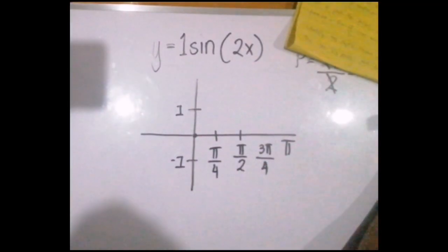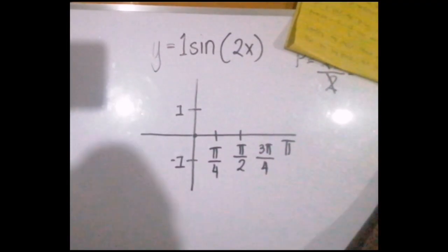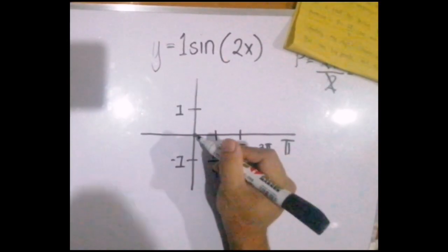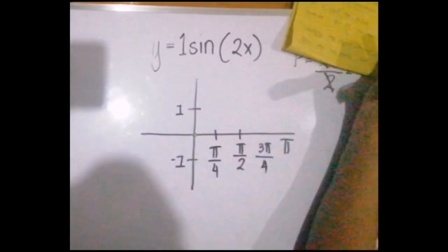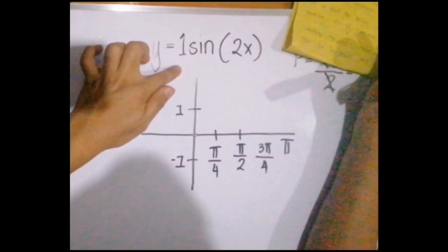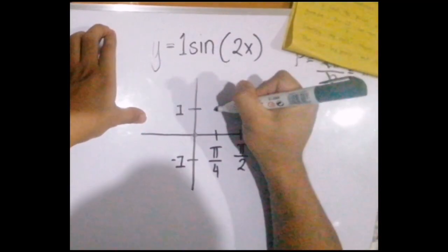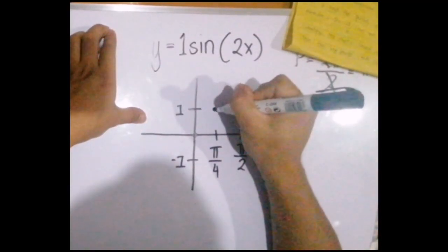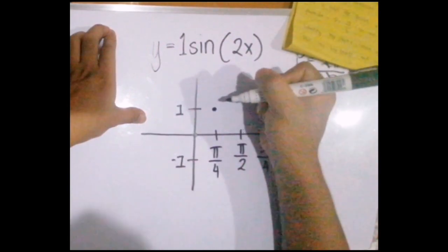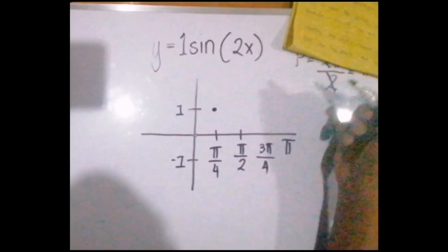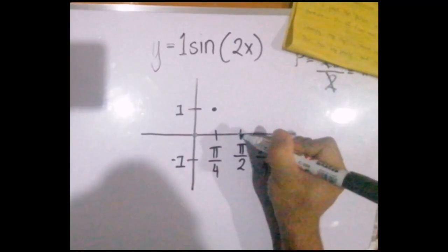So let's plot the key points. The first point is here. Since our phase shift is 0, we're going to start here. Since our amplitude is positive, we are going up. So our next point is here, and our next point is back to 0.